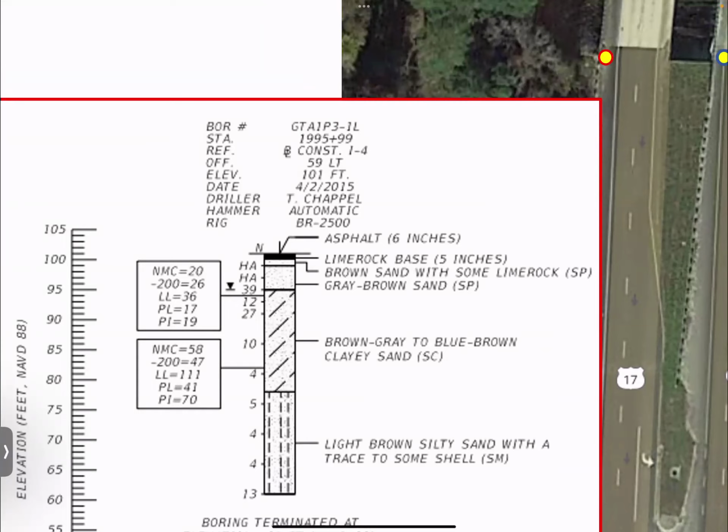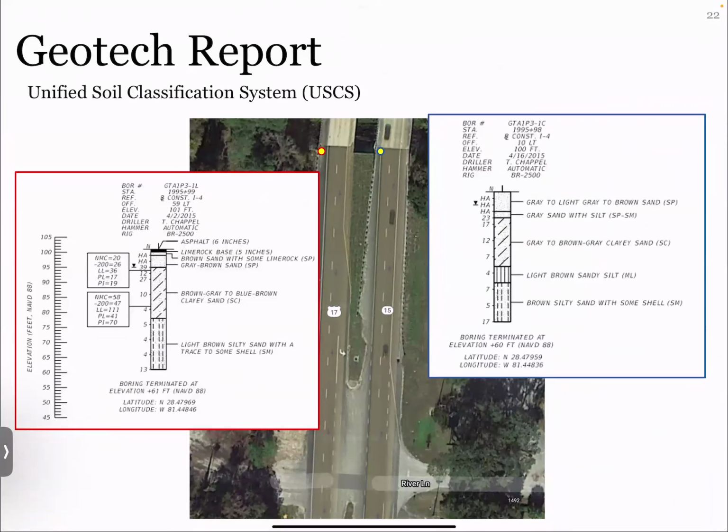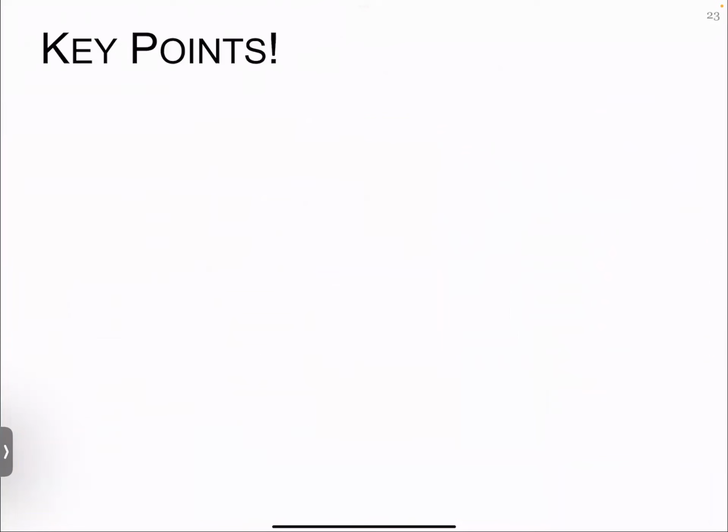Since 26 is between 12 and 50, that means it's an S soil with either a C or an M, and then they did the Atterberg limits to determine it's an SC soil. So this is an example of why we need to do that, because soil can change pretty drastically just between two locations.